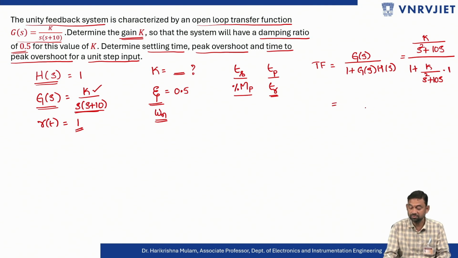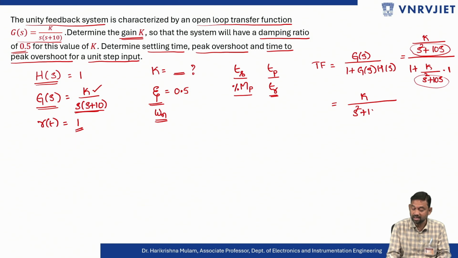If you simplify this expression, the denominators cancel. And finally, you will get a transfer function of K by S square plus 10S plus K. So, this is the transfer function of the given closed loop control system.